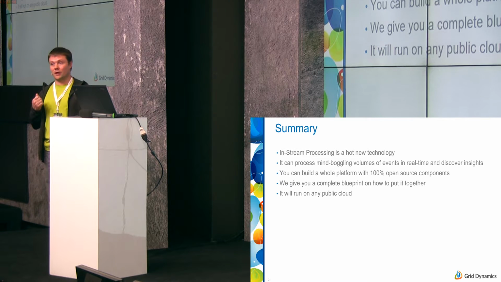It can process mind-boggling volumes of events in real time and discover insights. We can build a whole platform from 100% open source components, so you don't pay any license money. We'll give you a complete blueprint on how to put it together, and it will run on any public cloud.